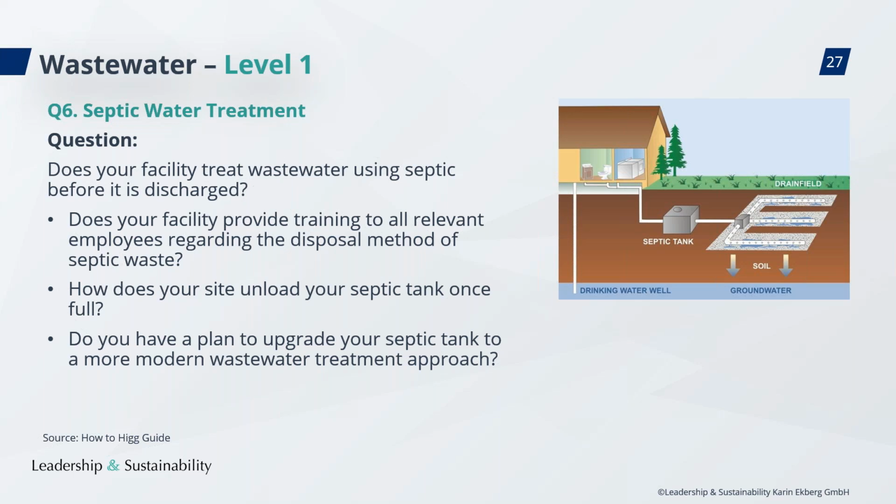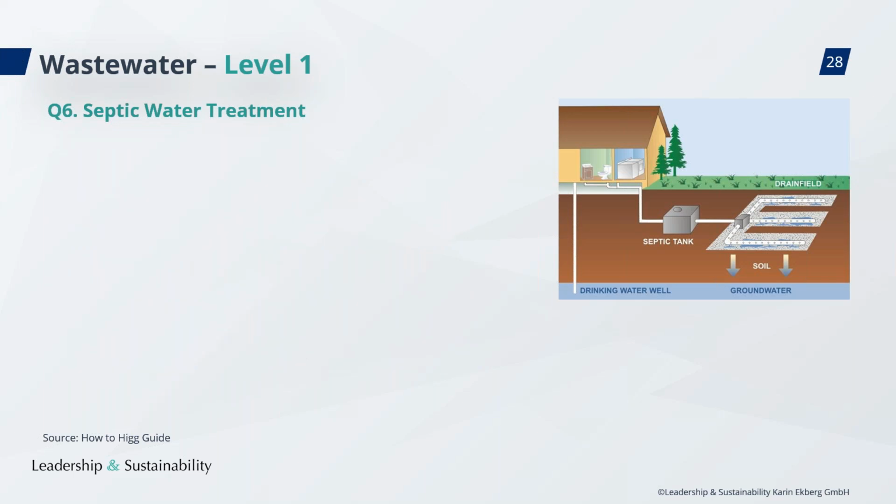So this question is also important because you actually need to have a plan. The septic tank is not the perfect treatment, and therefore Sustainable Apparel Coalition is trying to nudge you and motivate you to upgrade your septic tank to a more modern wastewater treatment approach.